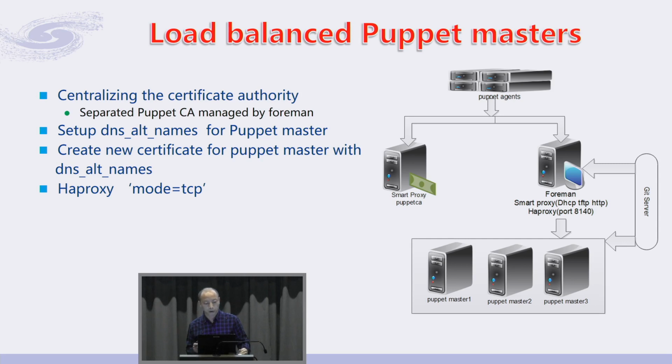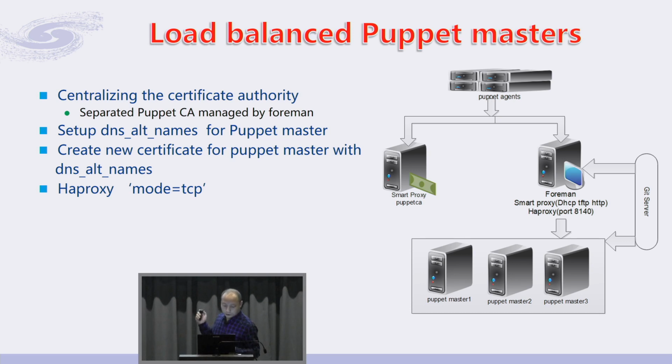And we use load balancing of the Puppet masters to support more Puppet clients. The Puppet client will make a request to the Foreman server, and the Foreman server, the HAProxy, will redirect the Puppet client to the server of a Puppet master.